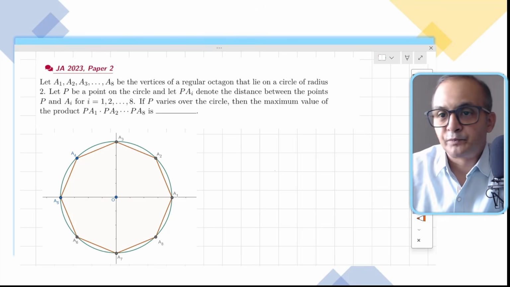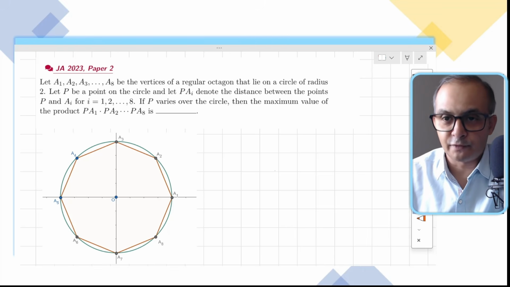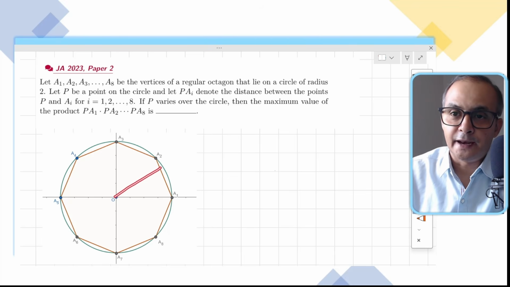So if I choose P anywhere on this arc, whatever arc you choose to place the point P on, that point will be symmetrical about the center.